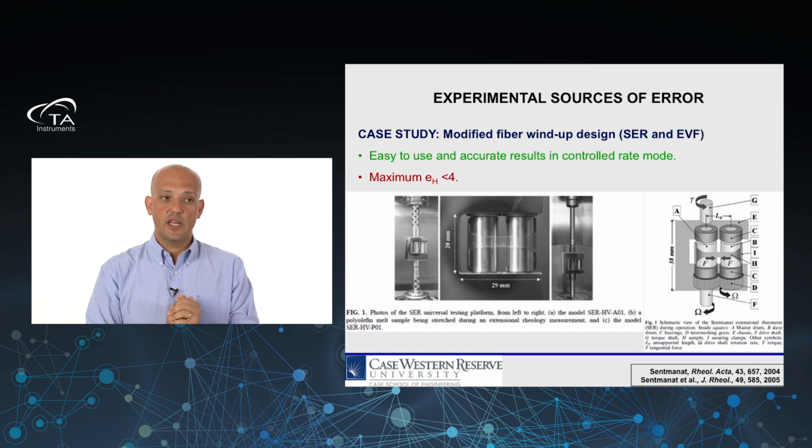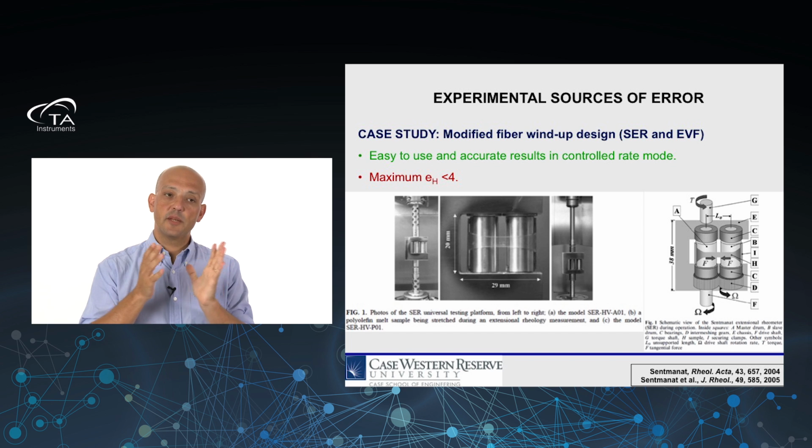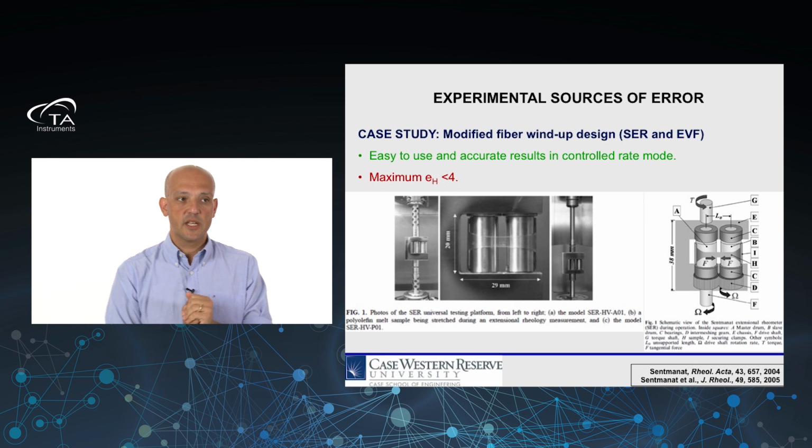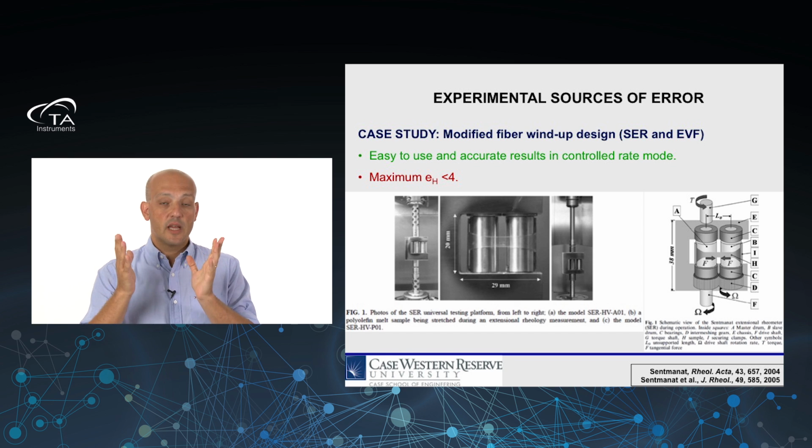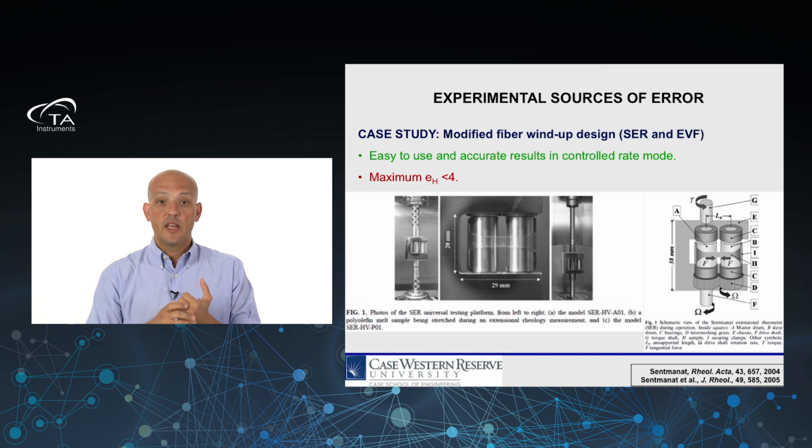And there is also an extensional viscosity fixture that is specific to TA Instruments and to the RS rheometer that uses a similar principle of modified fiber windup, although the winding up is achieved by different means. But these are two of the most widely used rheometers.